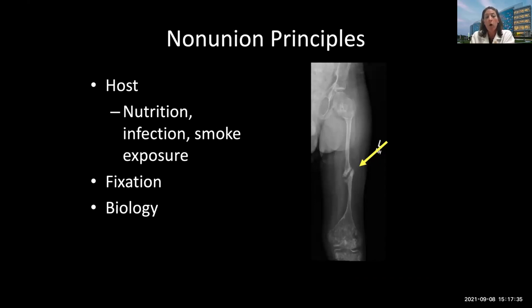Always evaluate the host or the patient, the nutritional status. Is there an underlying infection? Smoke exposure can play a very significant role in developing a non-union or having trouble healing a fracture site. And then we need to consider our fixation and the biology of the fracture or non-union site, and how can we encourage it to heal.